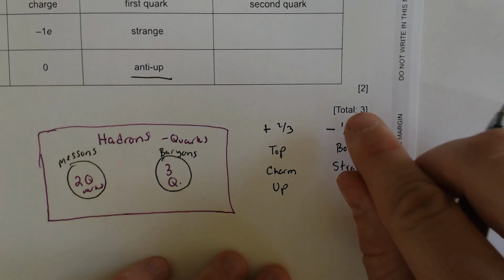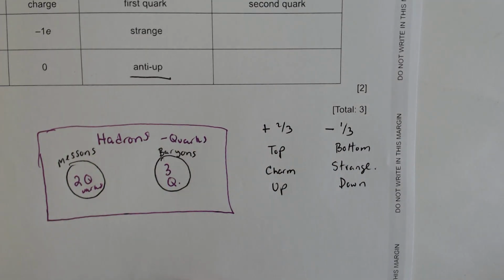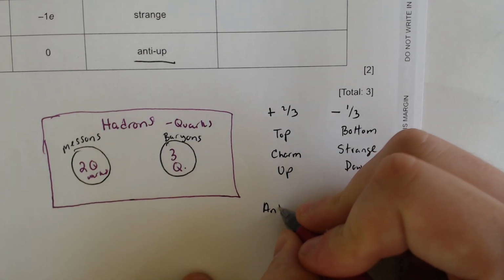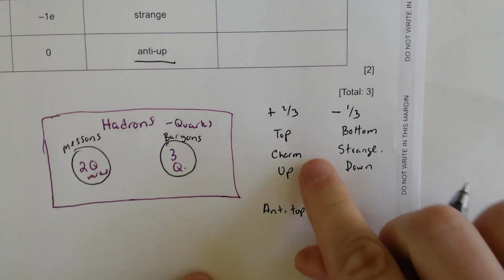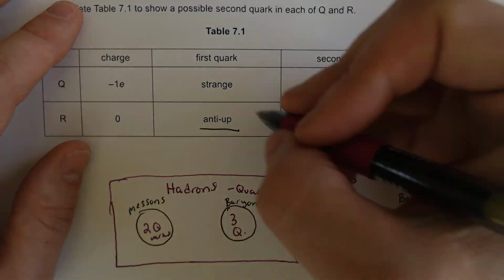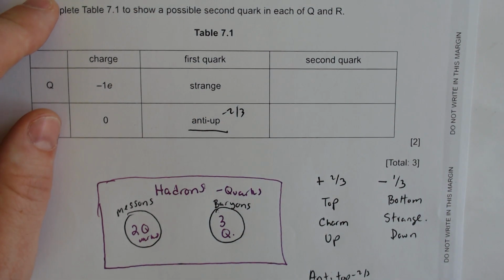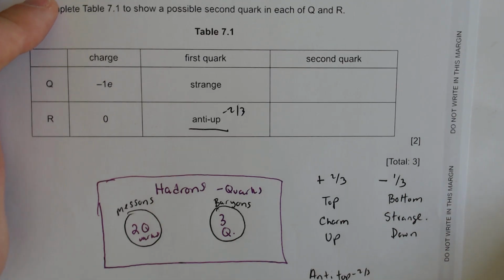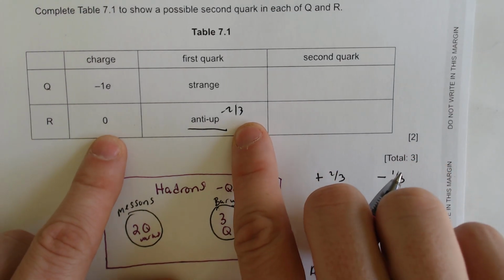So these would be the regular ones, but then there would be anti-top, which would be -2/3. Anti-top would be -2/3, anti-charm would be -2/3, and anti-up would be -2/3. So this already has -2/3, which means I need to add a +2/3 of any kind, because I need it to have a charge of 0.